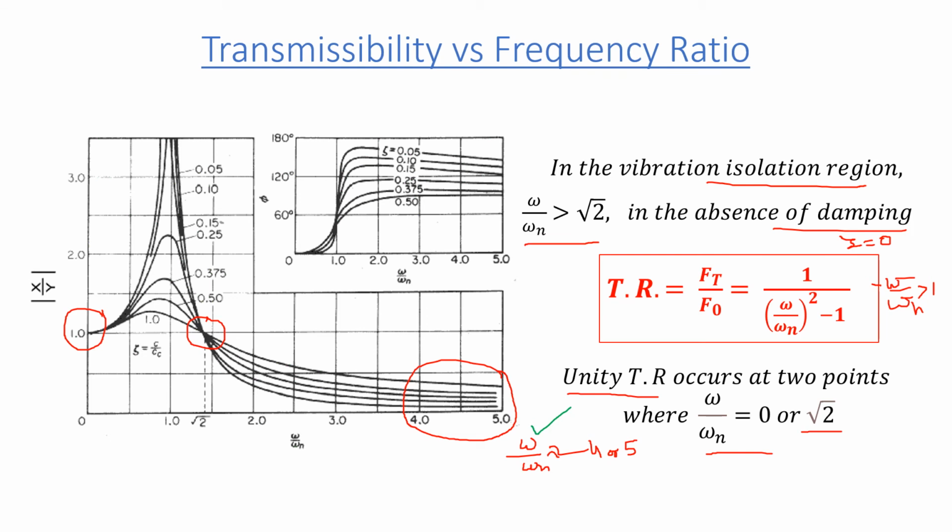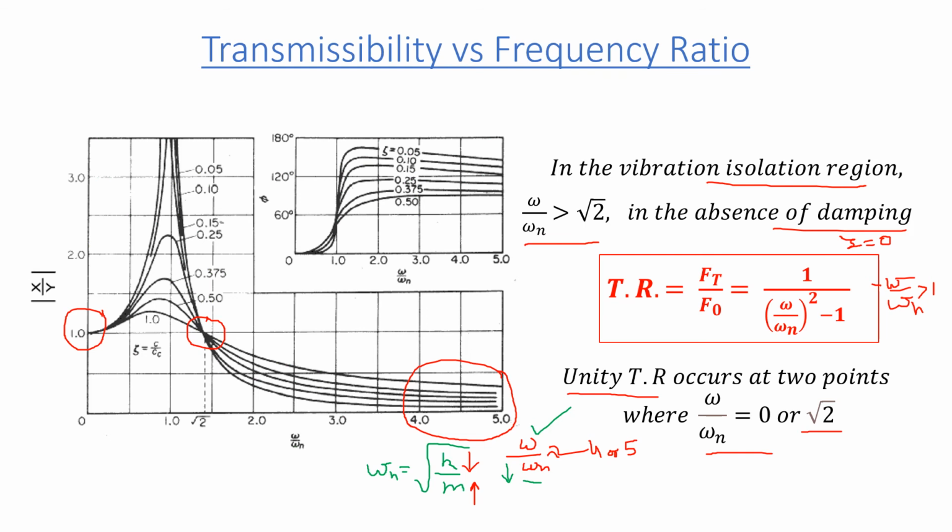If this can't be achieved and omega is fixed, another alternative is you reduce omega n. Omega n reduction means, while designing the pads or isolators, you keep the spring stiffness low and increase the mass of the vibrating system.